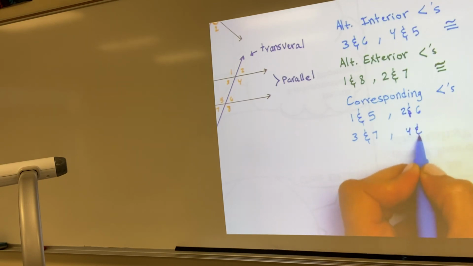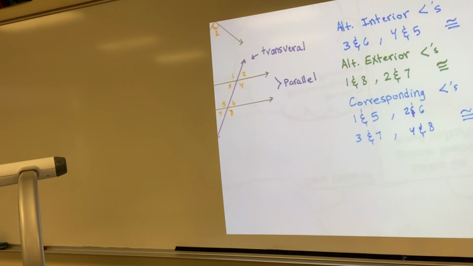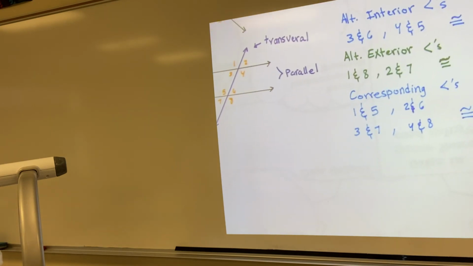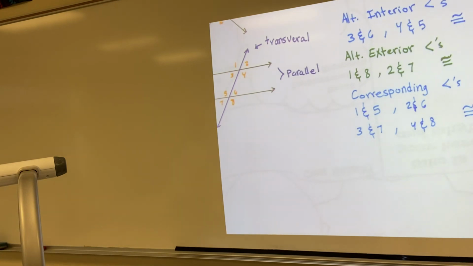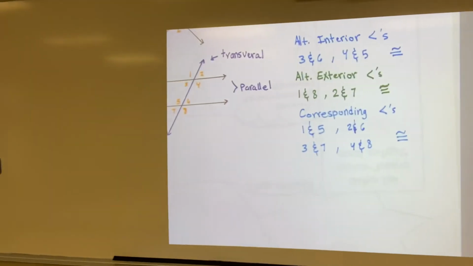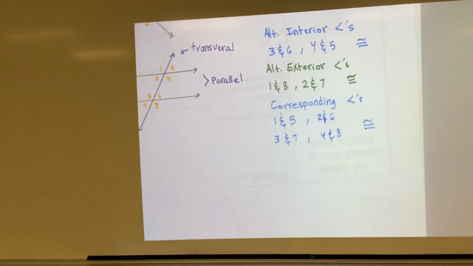And also these angles are congruent. So when we say corresponding angles, means they are congruent. I'm trying to fix the camera here. Okay, I think that's better.